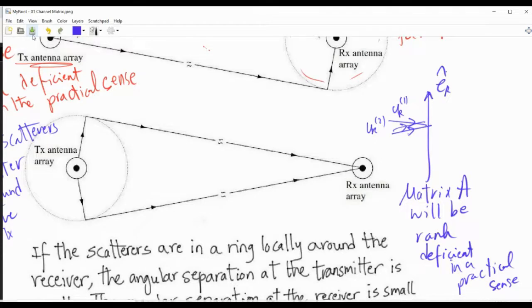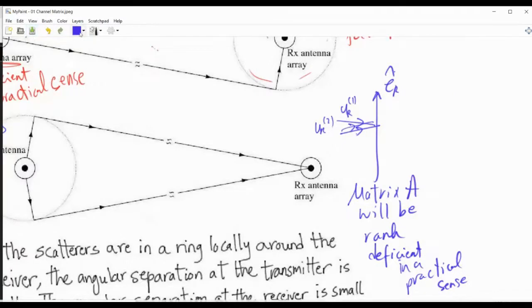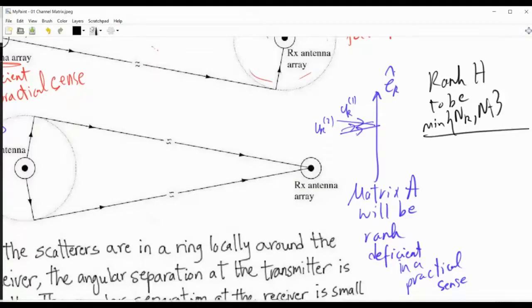It's not just that you need scatterers, because their physical position may lead to rank deficiency. So what is needed for rank H to be min of NR and NT?